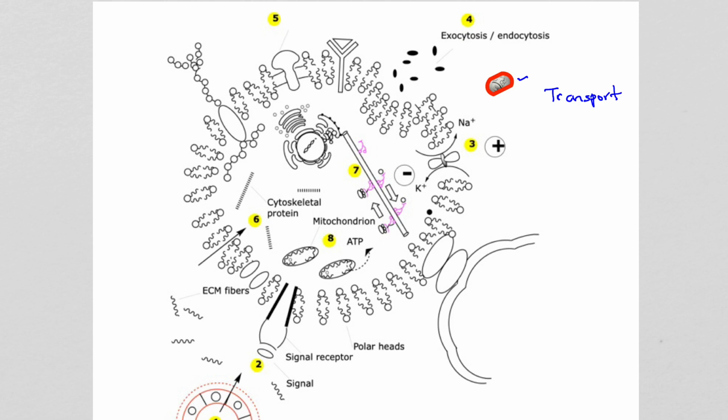Water, glucose, other nutrients, and ions travel in and out of the cell by a variety of transport proteins that span the entire plasma membrane. These kinds of proteins that span the whole bilayer, the whole membrane, are called transmembrane proteins. They basically span the whole membrane.